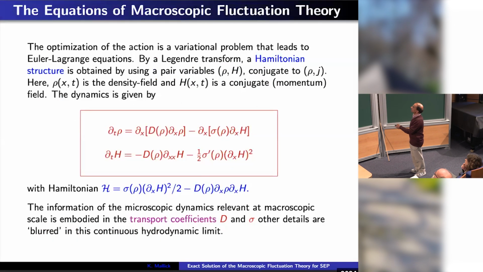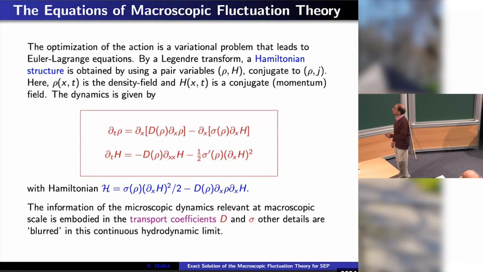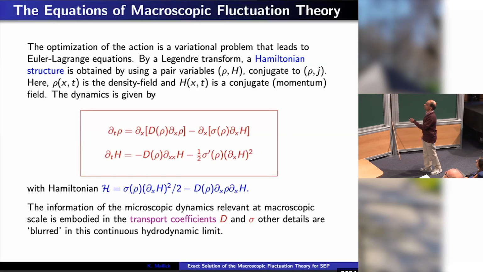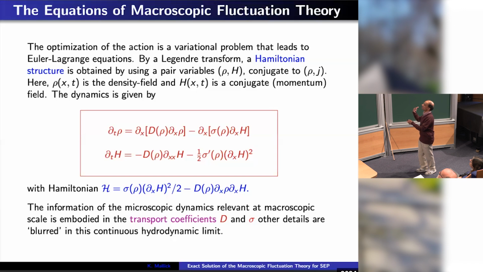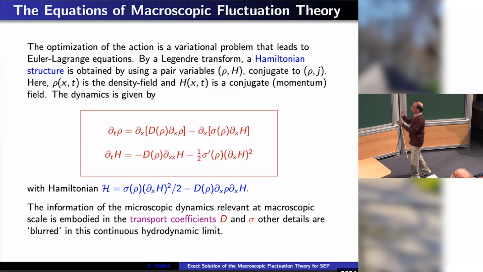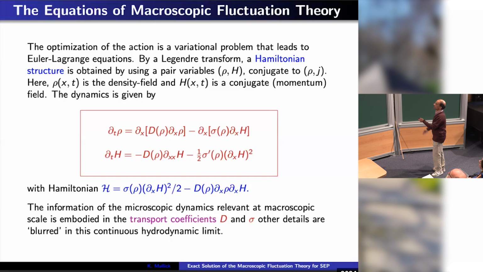So the equations that we are looking at, in their Hamiltonian form. The Euler-Lagrange equations, if I had written them by doing variational calculus, I would have obtained equations for rho and j.